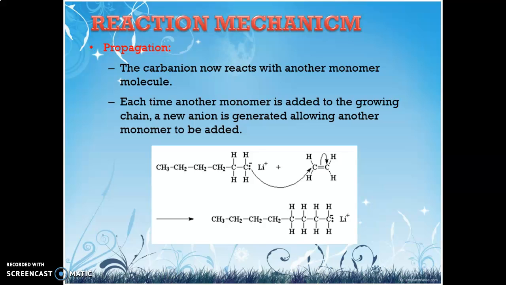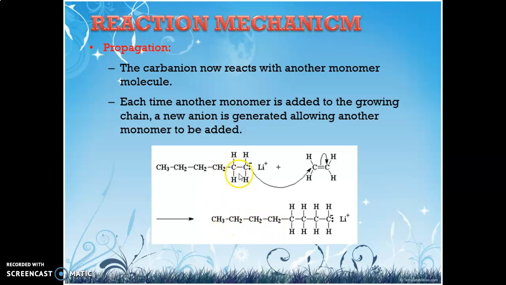Okay, next is the propagation. In propagation, the carbanion now reacts with another monomer. So this is the carbanion. Each time another monomer is added to the growing chain, a new anion is generated, allowing another monomer to be added. So for the propagation step, plus ethylene, same method. 1, 2, 3, 4 carbon, 1, 2, 3, 4.